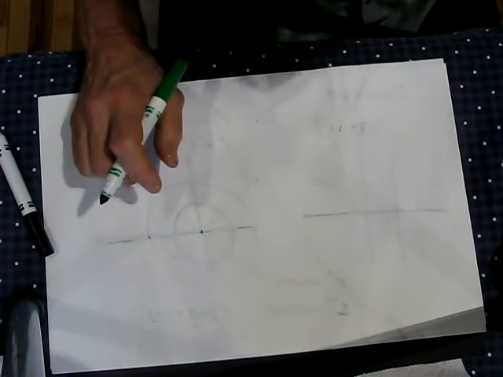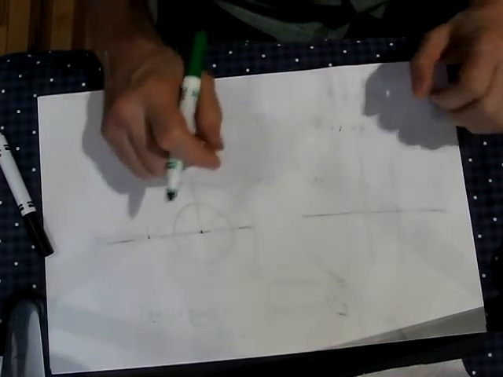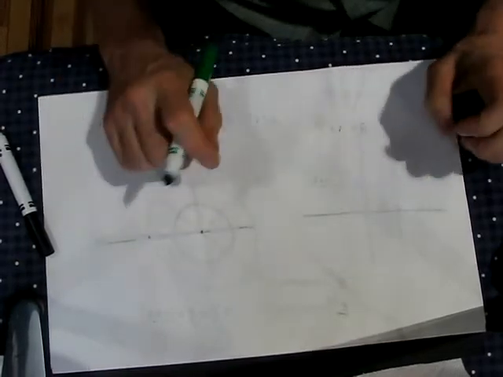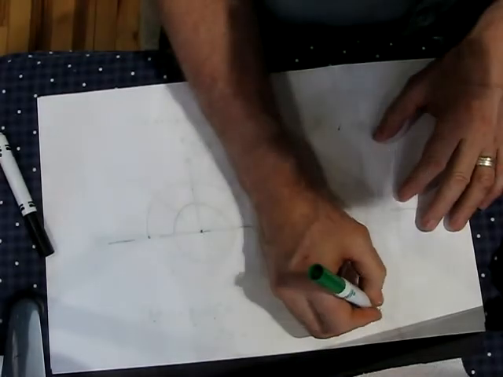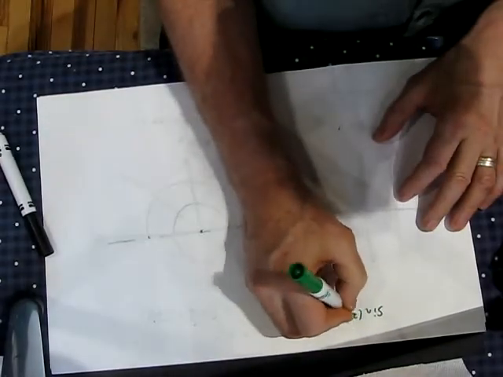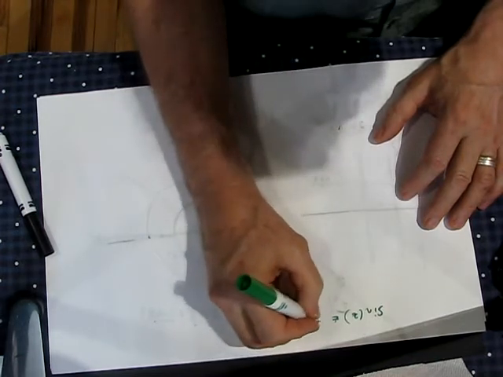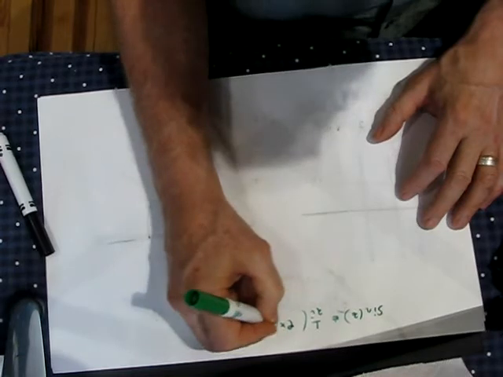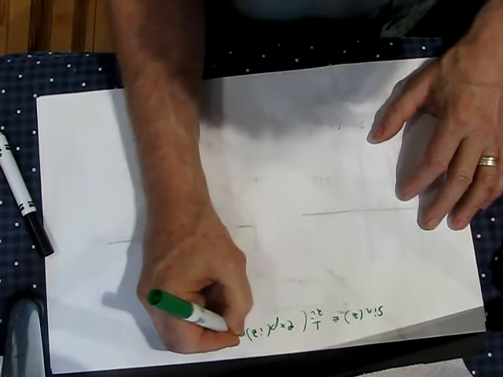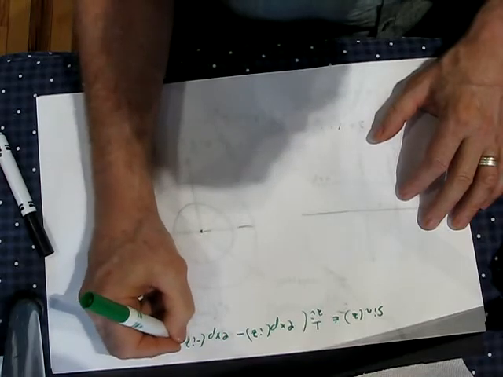Well, before we do much more with the exponential function, we're going to use the exponential function to define two more functions, the sine of z and the cosine of z. So let's take the sine of z and define it to be equal to 1 over 2i times the exponential of iz minus the exponential of minus iz.